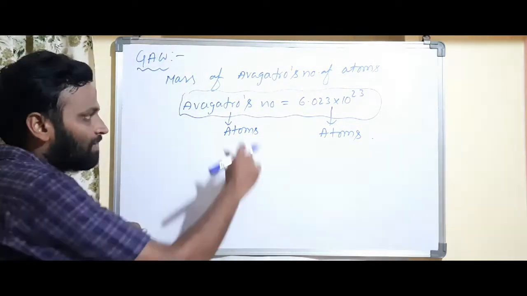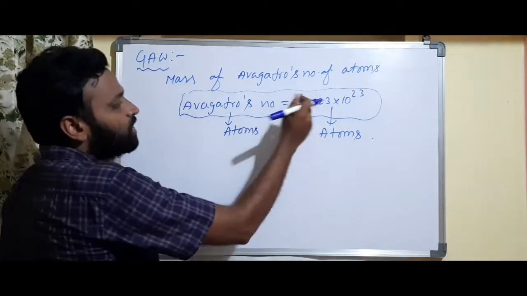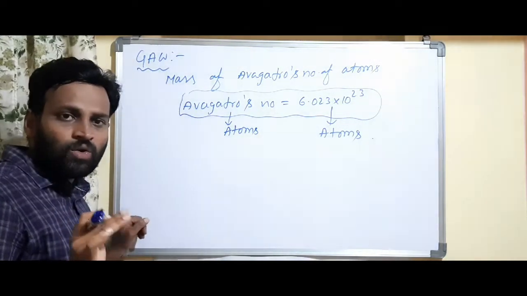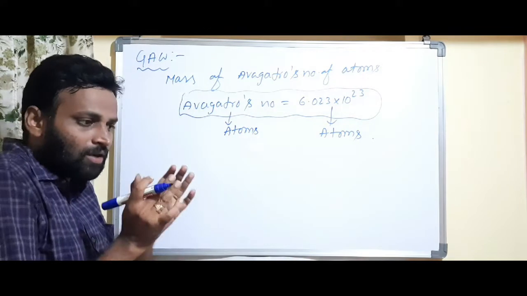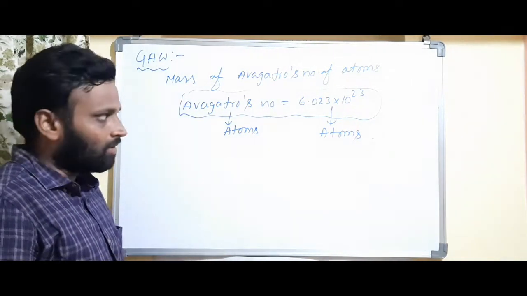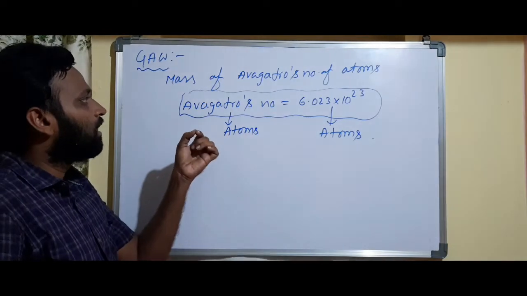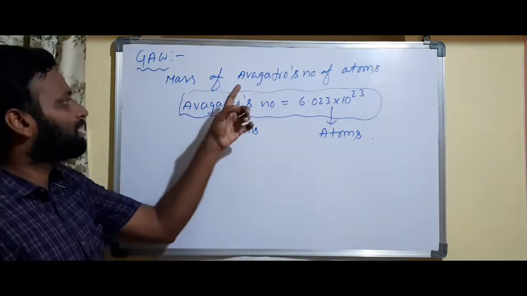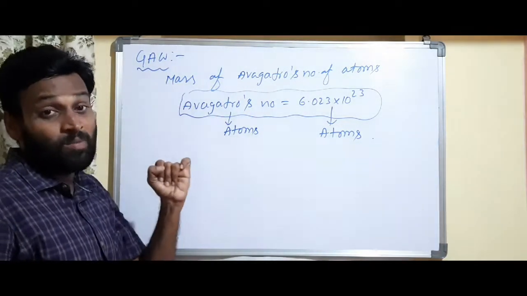Avogadro number of molecules is 6.023 into 10 power 23 molecules. So Avogadro number is nothing but a particular quantity representation. It is applicable for many cases, so keep it in your mind.